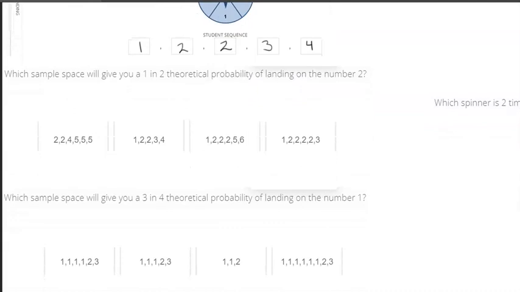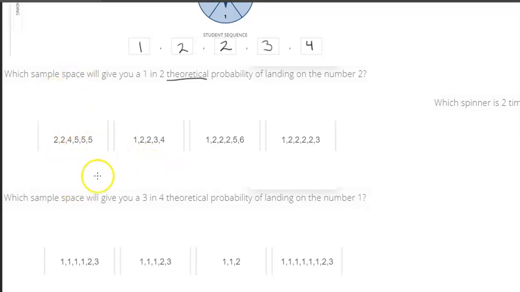The second example here says which sample space will give you a 1 in 2 theoretical probability of landing on the number 2. Let's assume that landing on the number 2 has to do with a spinner. These are 4 different scenarios where there are sample spaces, and some of them have more numbers and some of them have less.